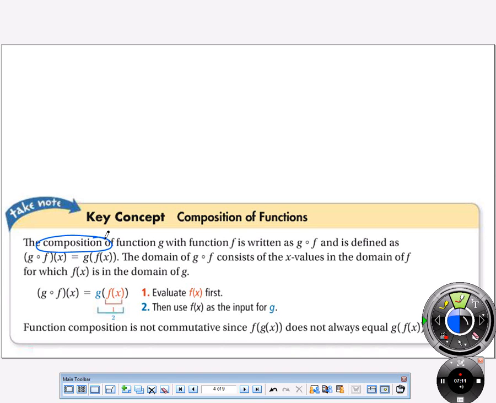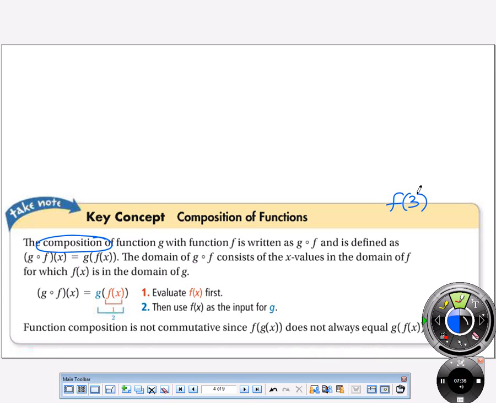Composition means you're actually plugging one function into another function. Okay? So in the past, you could have had a function that was named f, and somebody might have asked you, we actually did this in the last unit, find f of 3. What did it mean to go find f of 3? Good. Plug 3 in for x in the function that had the f in its name, right?